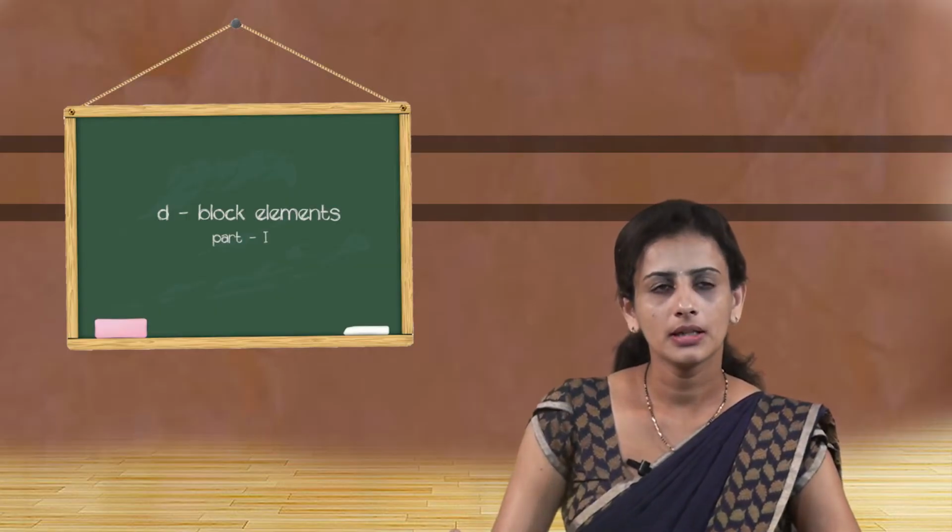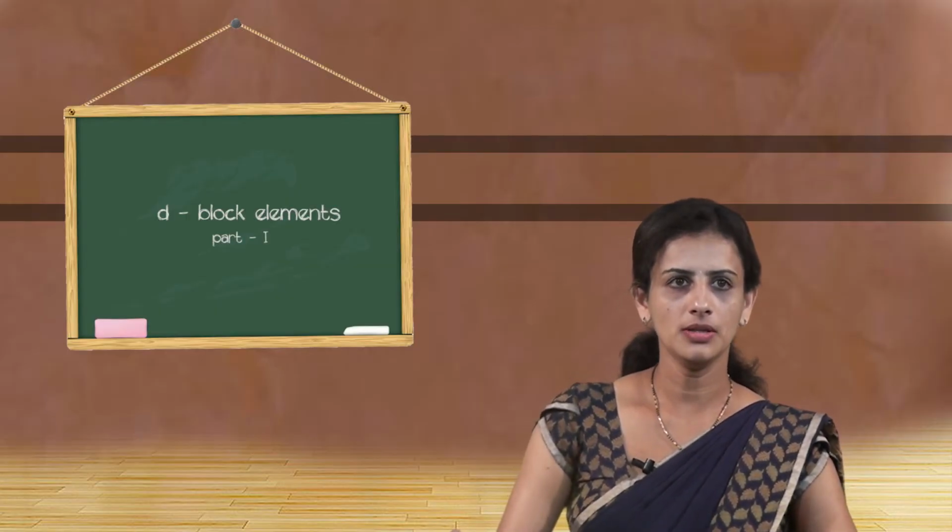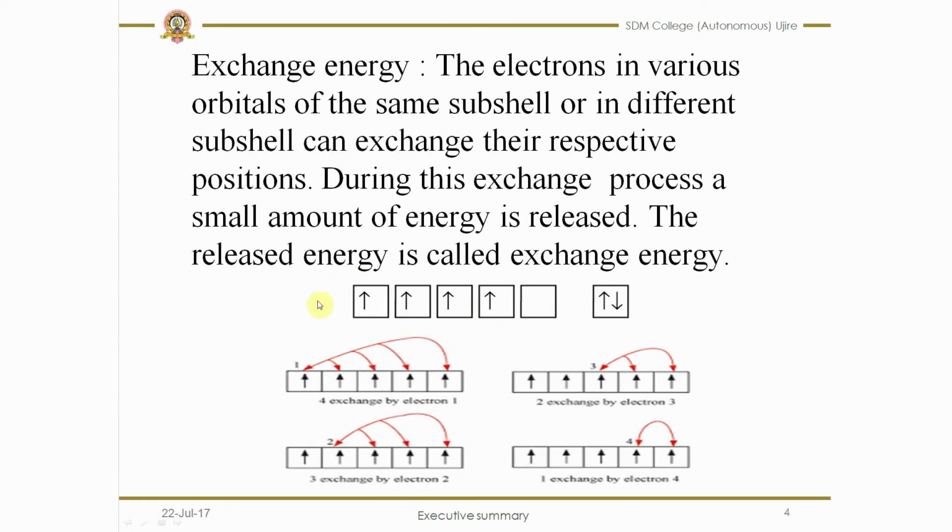But in the 3d4 configuration, only 4 electrons are there, and the first one can be exchanged with 3 electrons, the second one with 2, the third one with 1. So the total number becomes equal to 6.